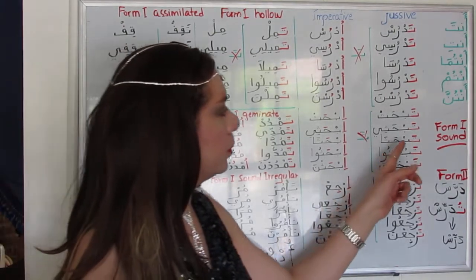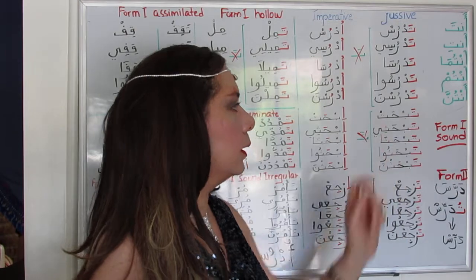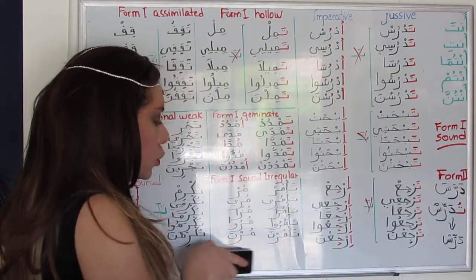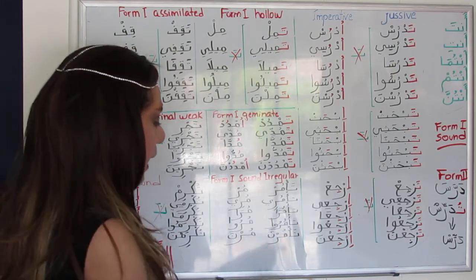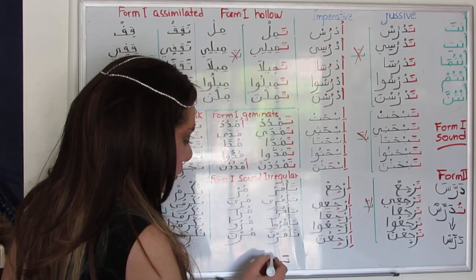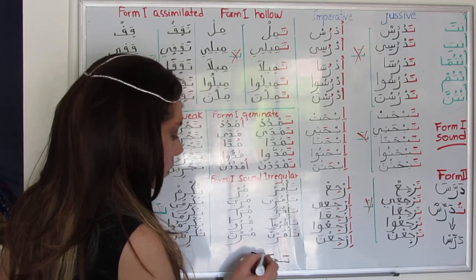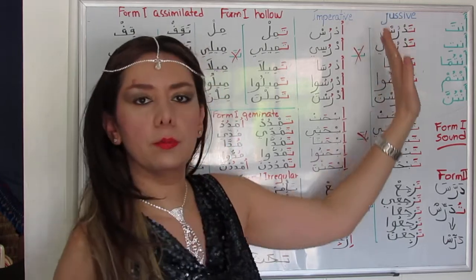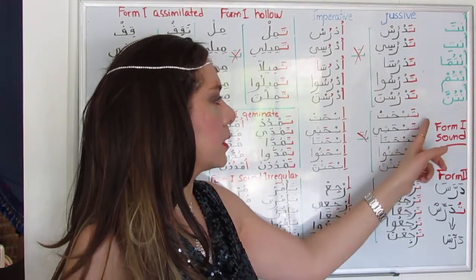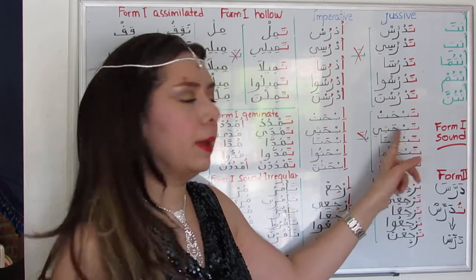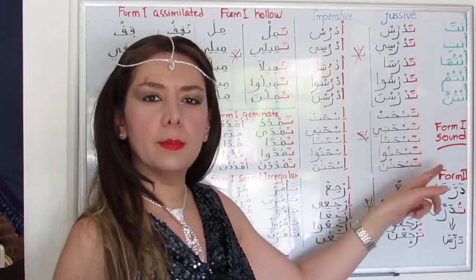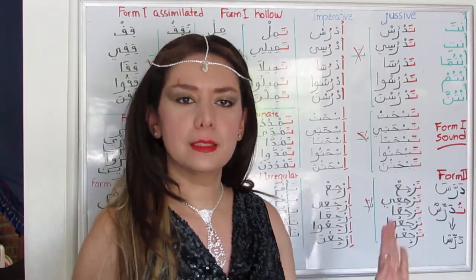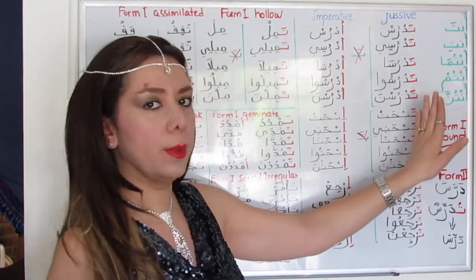Here is another verb, again from form 1 sound, bahatha. Bahatha means to search. We conjugate it in the imperfect jussive. Anta tabhath, tabhathi, tabhatha, tabhathu, tabhathna. We get rid of the prefix ta, and what is left is a command.